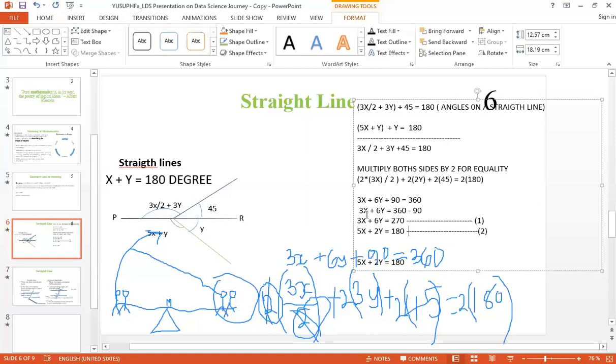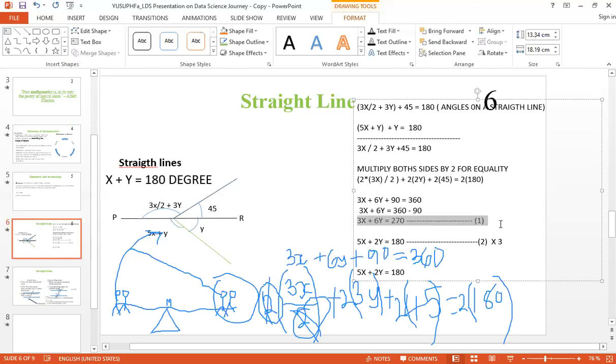This one is 3X, so 3, and this one is 5, and they are both positive, with an invisible plus here and here. Since the first has 3 as the coefficient of X and the second has 5, you interchange. Take the 3 to multiply the second equation, times 3. This one has 5 as its coefficient, so take that 5 to multiply everything in the first equation, times 5.